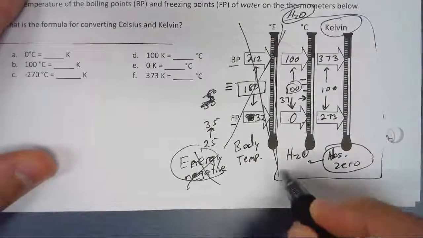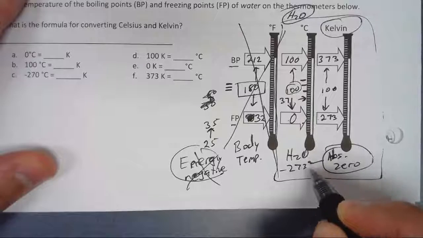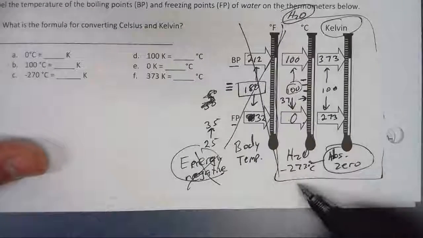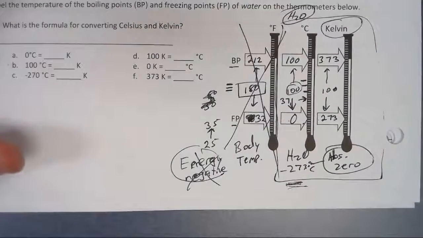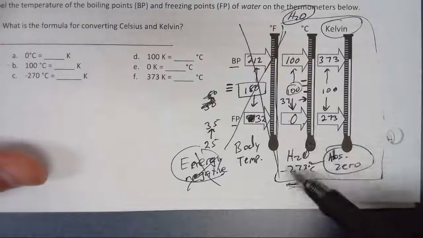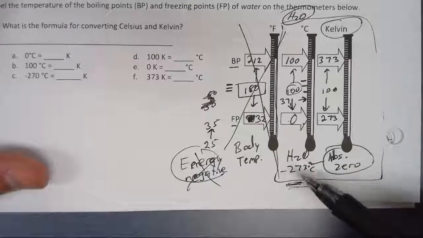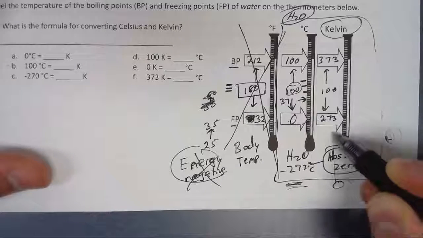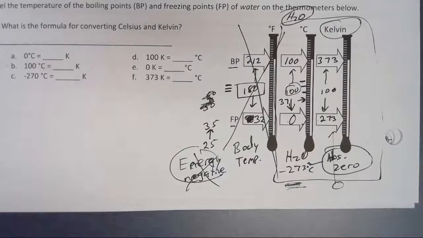Absolute 0 happens to be negative 273 degrees Celsius, 273.15 to be exact. But 273 degrees below this point is where all molecular motion ceases. But we still have energy all within here, so it makes no sense to make those numbers negative. So Lord Kelvin set this point at 0, and we go up from positive there. There are no negative Kelvin temperatures.